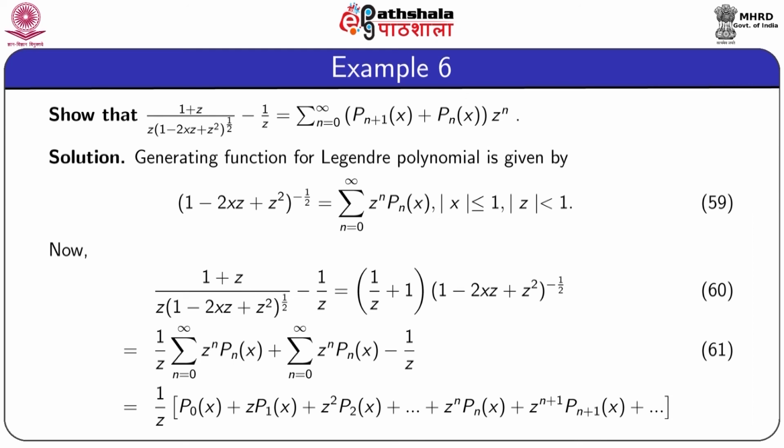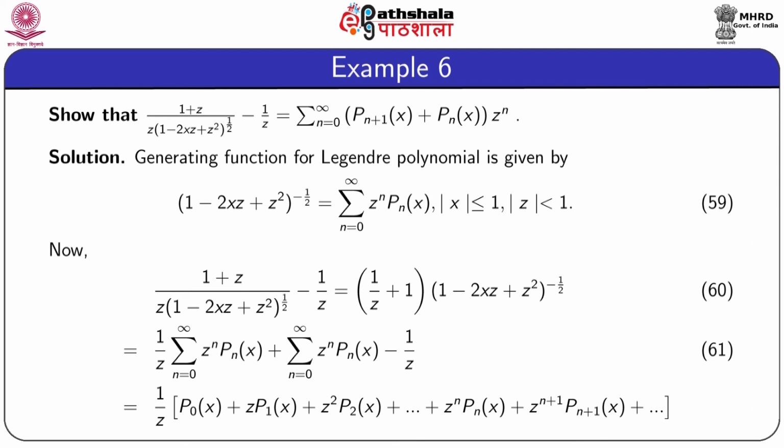Next, we take the left hand side, which is (1 + z)/z into (1 - 2xz + z^2)^(-1/2) minus 1/z. What we do now is we divide (1 + z)/z, and you will be getting (1/z + 1) multiplied by (1 - 2xz + z^2)^(-1/2) minus 1/z.